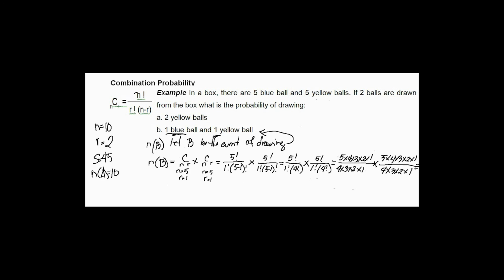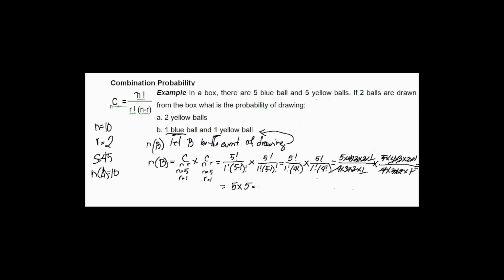We cancel out 4, 3, 2, 1 in each, so the remaining 5 is written here.